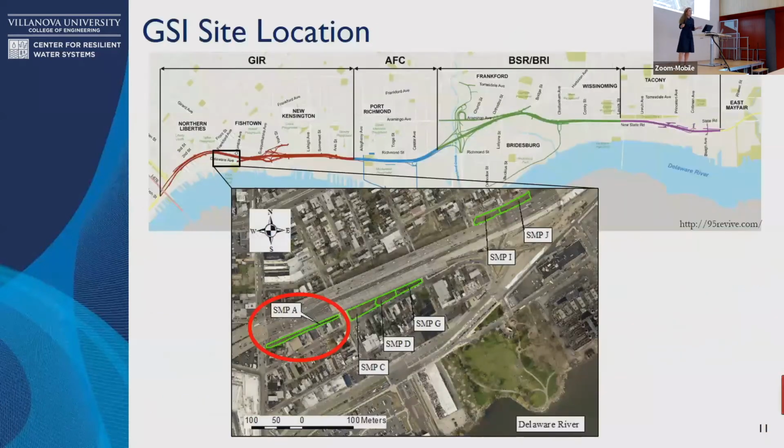All right, so now we have all of this data and all of these sites, and it's a lot to get through, so I'm not going to try to get through it all today, but we're going to talk about one specific site. So this specific project is the largest single BGI, GSI, green infrastructure project going on in the United States. This is in central Philadelphia.